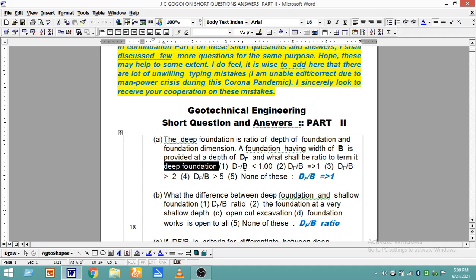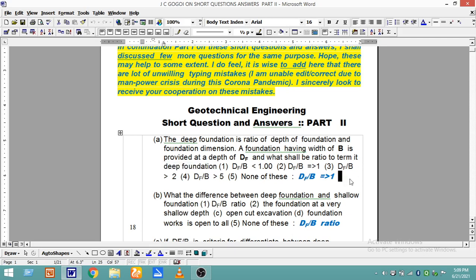Given answers are: D by B less than 1, D by B equal to or greater than 2, D by B greater than 2, Df by B greater than 5, none of this. Actually, shallow foundation is when D by B is less than or equal to 1. So this is the criteria of shallow foundation.